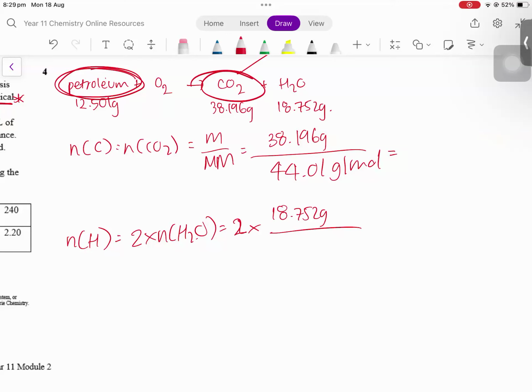Good. Oh, you guys calculate carbon dioxide better than this. What is easier? The numbers are smaller. 18.016 grams per mole. All right. What do you get for the two numbers?